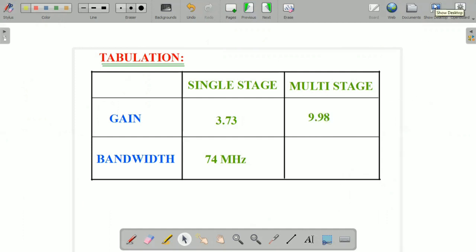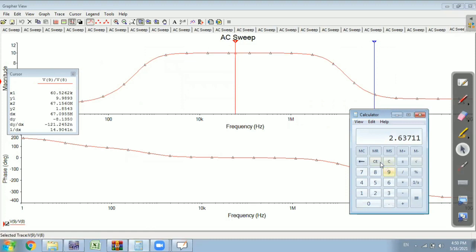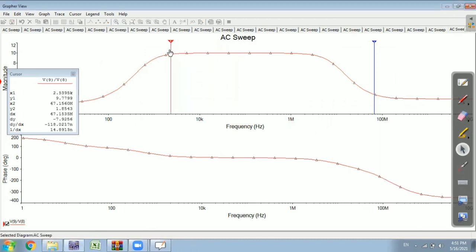Next, we will calculate for bandwidth. 9.98 into 0.707, which is equal to 7.05. Place both the cursors at 7.05. Approximately it is 7.